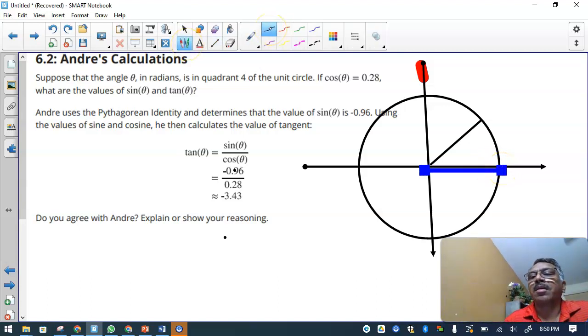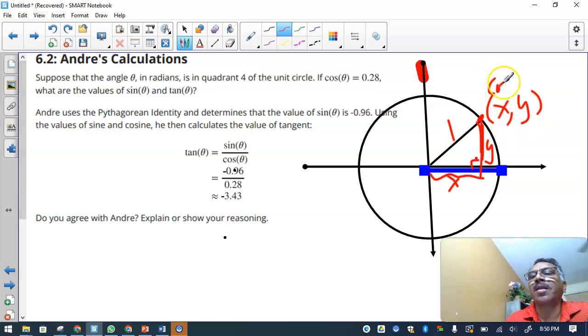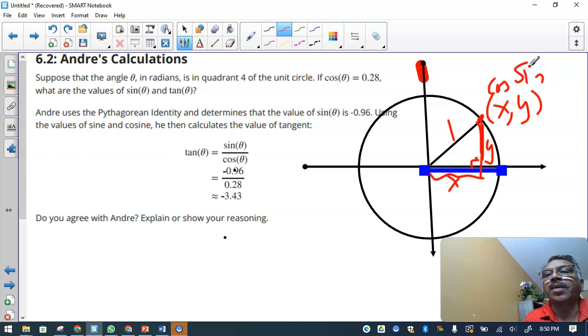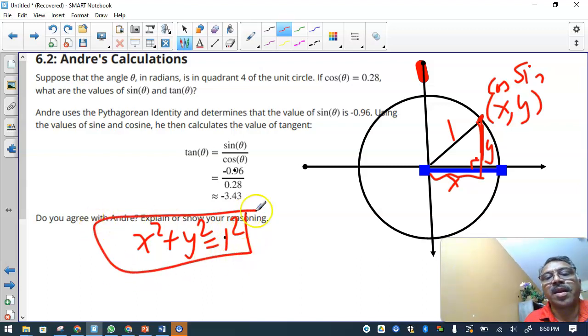Remember, earlier I showed you that when you have a triangle, this is one, this is your x, from here to here, and this is y. So this is always your x and y, which is cosine and sine. So what Andre did is he used the formula x squared plus y squared is 1 squared, this is the Pythagorean identity.